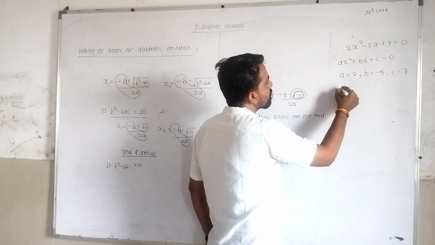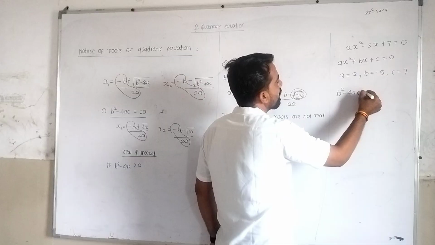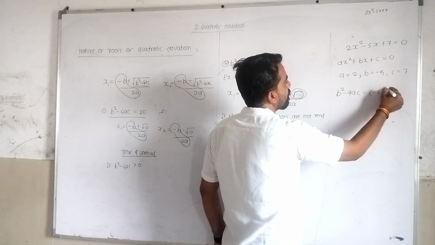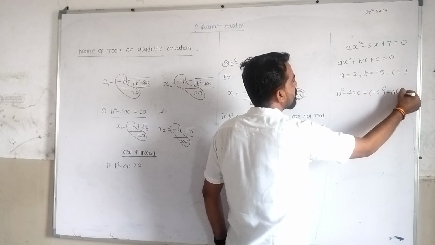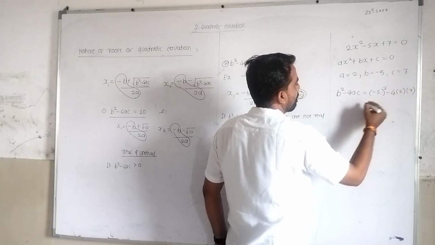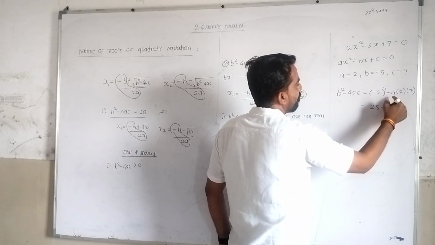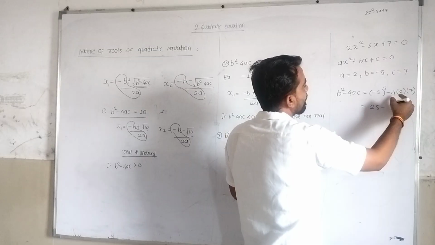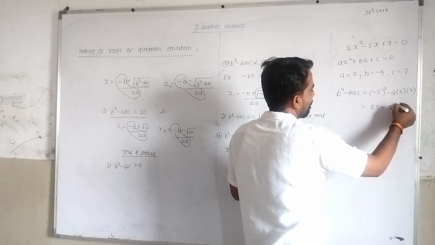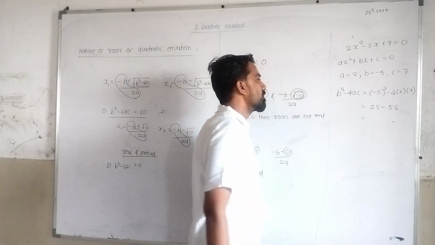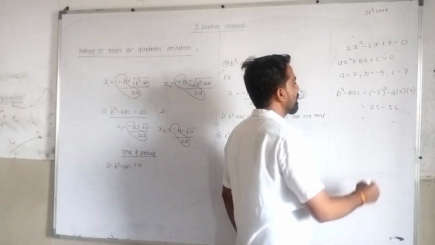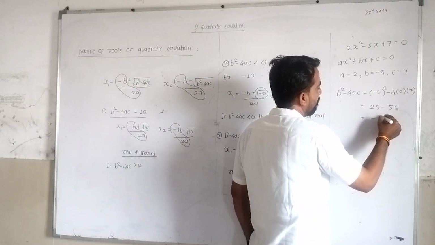The value of b square minus 4ac equals minus 5 square minus 4, where a is 2 and c is 7. So minus 5 square is 25, minus 4 into 2 is 8, and 8 sevens are 56. When we perform the subtraction, we get the answer minus 31.